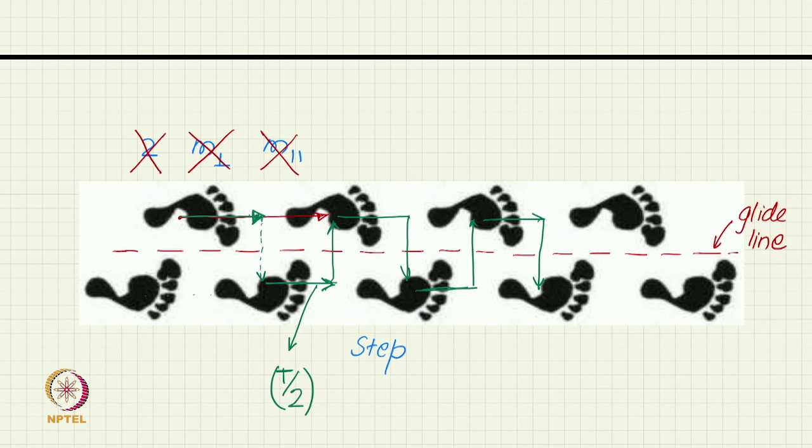So, reflection is also not a symmetry operation of this pattern. So, neither the mirror alone nor the half translation is a symmetry operation, but a combination of the two is a symmetry operation, and that is what is called the glide operation. So, glide is a combination of half translation plus a reflection in a line containing the translation.